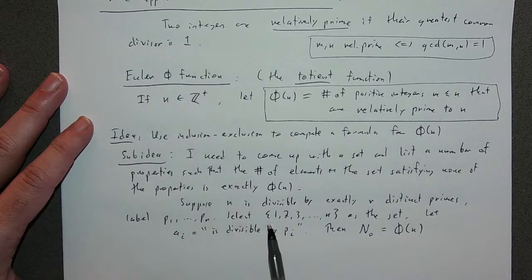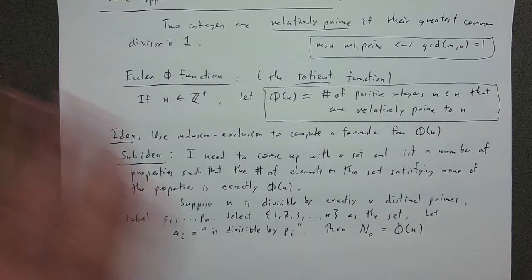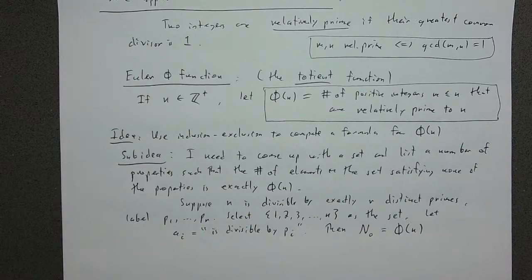So then n and this other number I'm thinking of would have at least p sub i as a common factor. So their GCD would be at least p sub i, whatever p sub i is. Remember, 1 is not a prime, right? So this is going to be at least 2, so it's going to be greater than 1, so it's not going to be relatively prime.